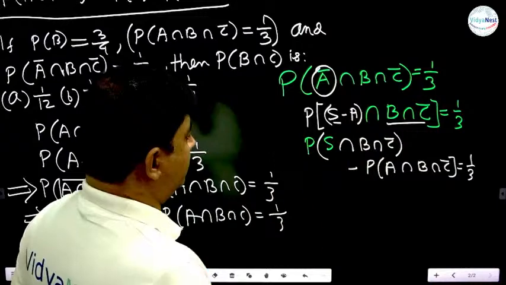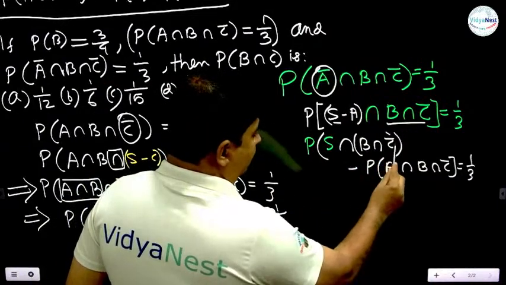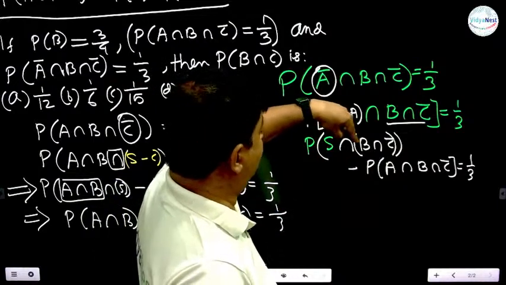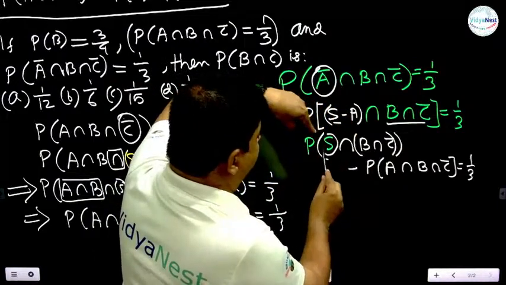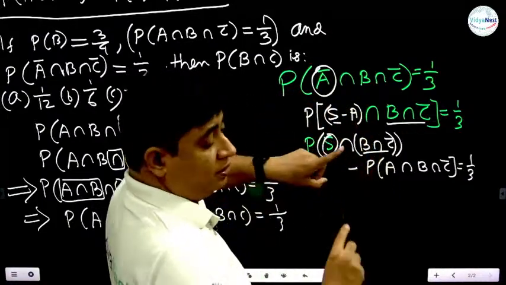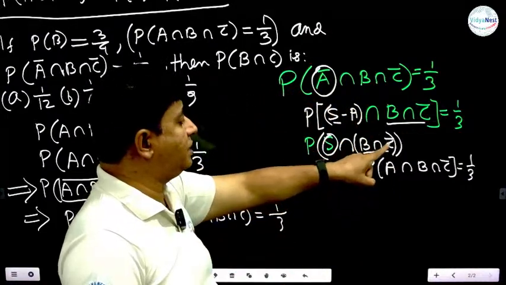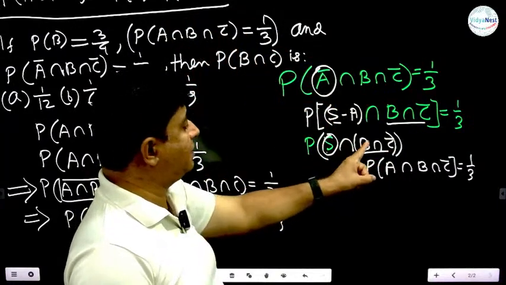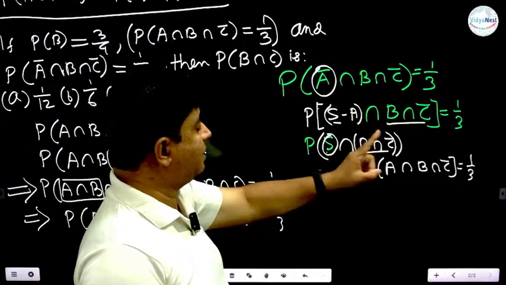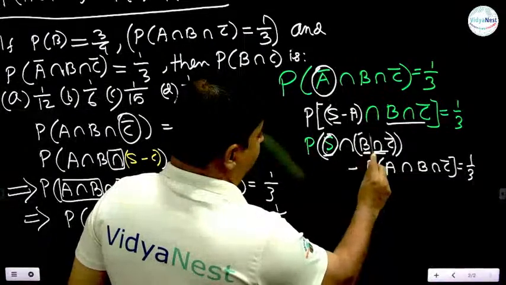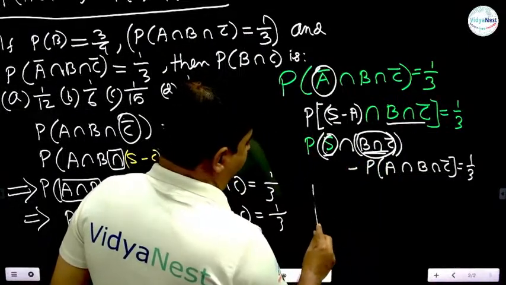Now any set, if clubbed with universal set, their common region will be that set, because B intersection C complement is a part of S. So S intersection B intersection C complement, out of these two, common part is this. Intersection means common part.